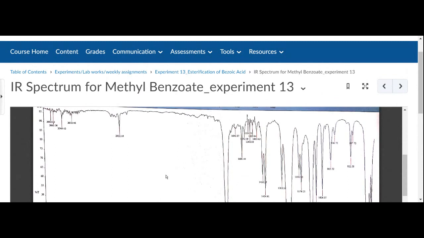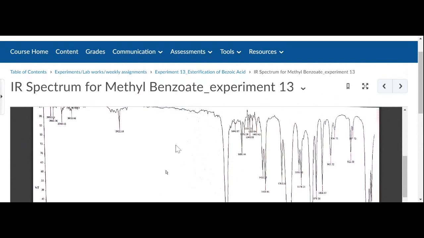As I said, if you had a peak here at 3300, a very broad peak, not these sharp short peaks, that means you had leftover benzoic acid or water, and both would count as impurities, so your sample was not pure. But this spectrum indicates that it's methyl benzoate and it is a pure sample.